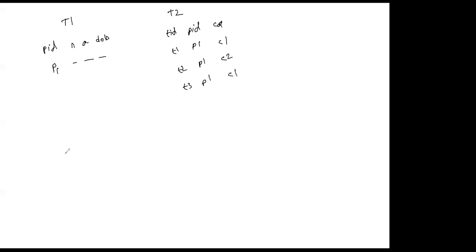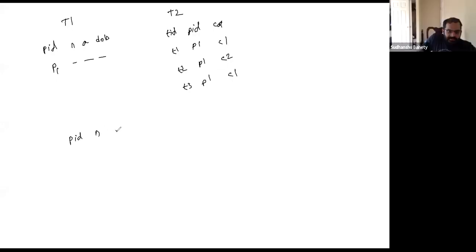When you do a join, it creates a bigger table: PID, name, age, DOB, TID, category, based on the PID column. So it will write PID everywhere, and these values will always be the same because it was the primary key for P1. And then it will have T1, T2, T3, and C1, C2, and C1.